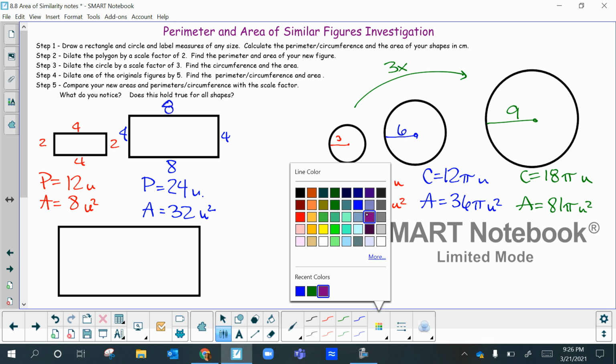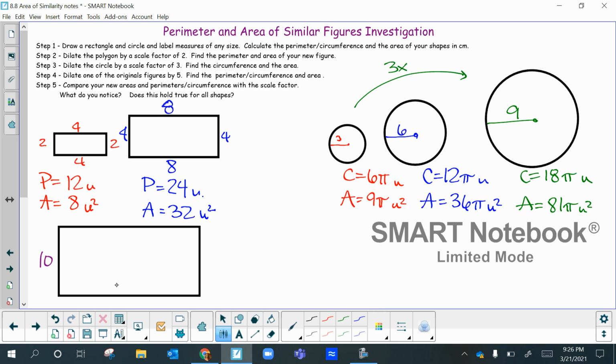So if I'm making it 5 times bigger, that means this is now 10 and this is 20, because 2 times 5 is 10 and 4 times 5 is 20. So our perimeter is now going to be 20 times 3 is 60 units, and our area is going to be 200 square units.